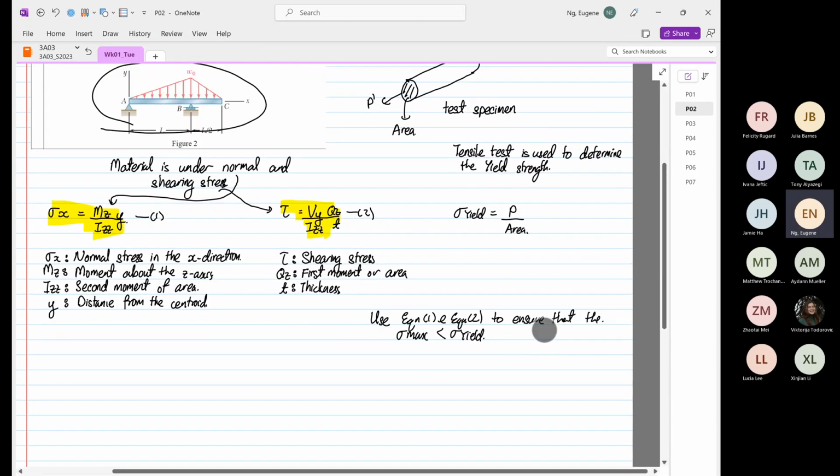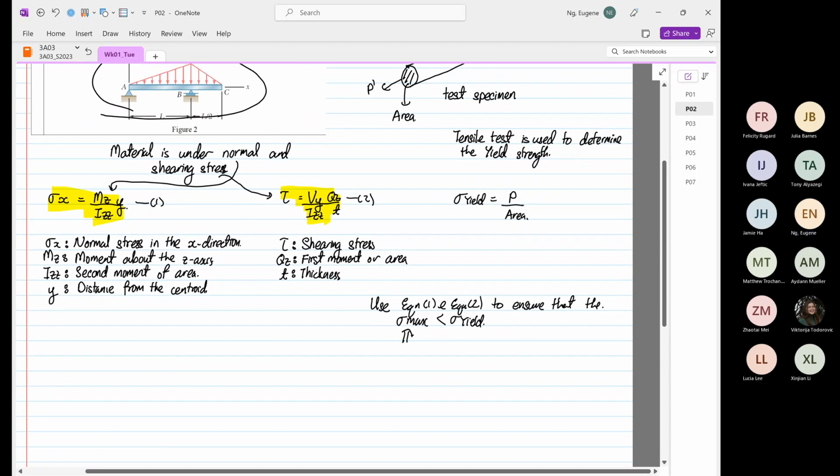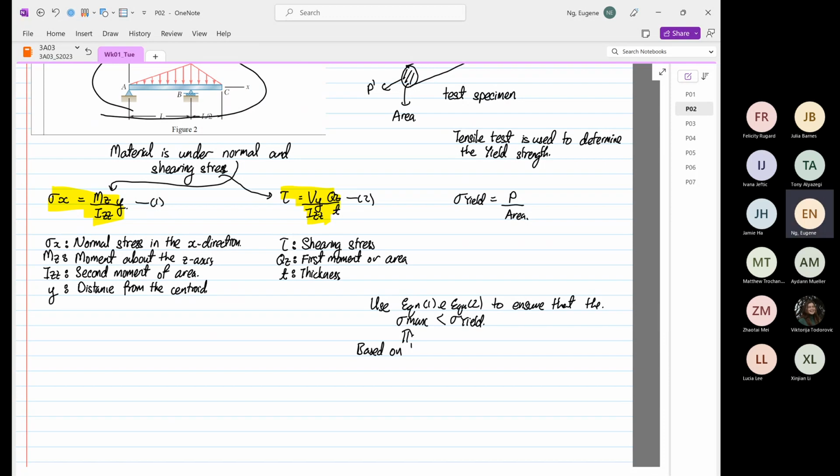So the maximum stress over here is determined based on loading condition. And the stress yield over here is based on what? Experimental data.